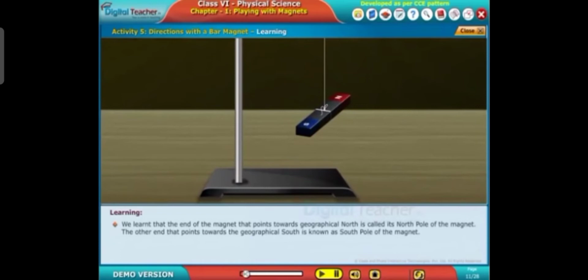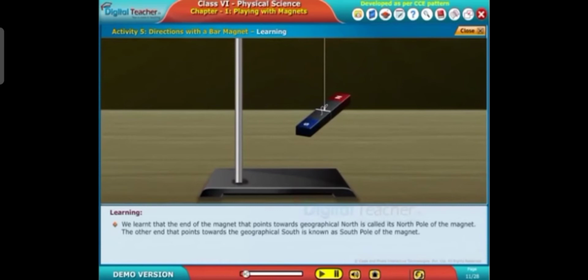That means one end to the north side and the other end to the south side. So you can see that this magnet will always come into a position in the north-south direction. So that is the peculiarity of a magnet.